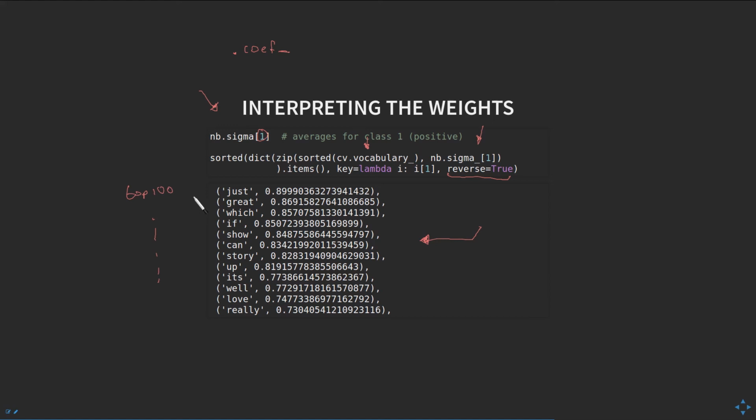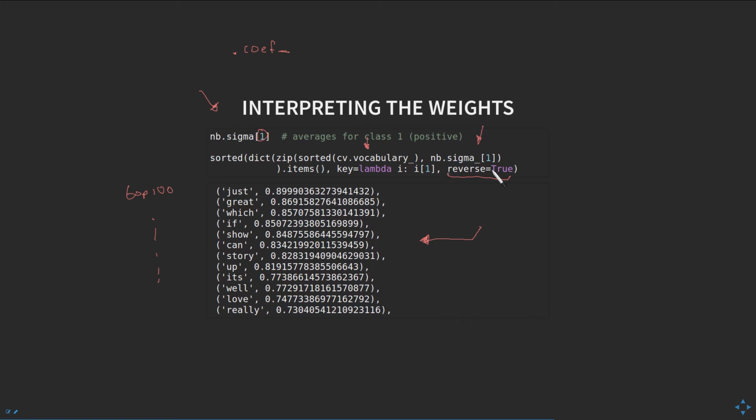I just scrolled through and waited for actual positive words to show up, because as you can see, there's a lot of stop words here. So those actually have very high probability just because they're probable words, right? It's not necessarily the case that they are very probable under a certain label, but they're very probable anyway. So you will see the same thing with the negative weights actually.